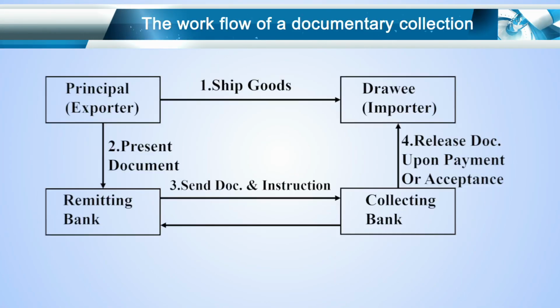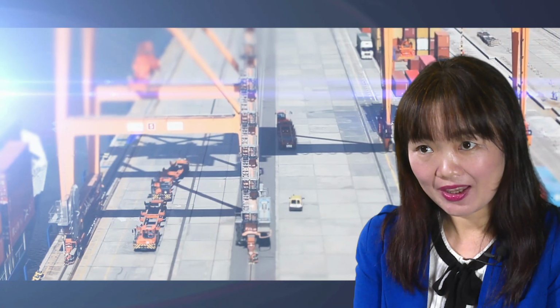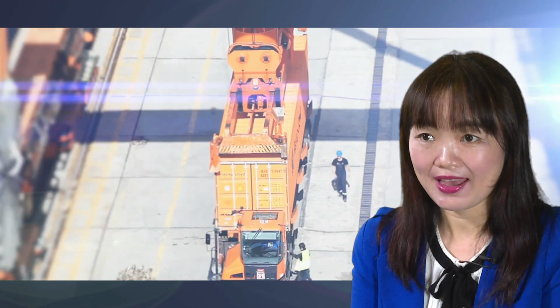Then, what is the workflow of a documentary collection? Step 1. The exporter ships the goods and obtains the documents of title from the shipping line. Step 2. The exporter delivers the documents to the remitting bank. Step 3. The remitting bank sends the documents and instructions to the collecting bank.